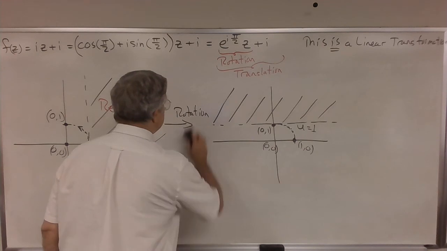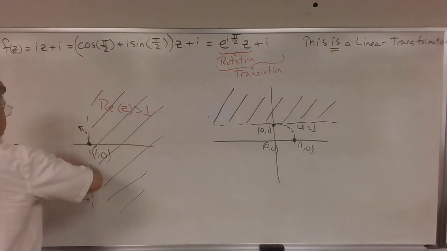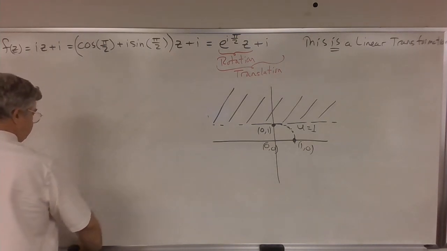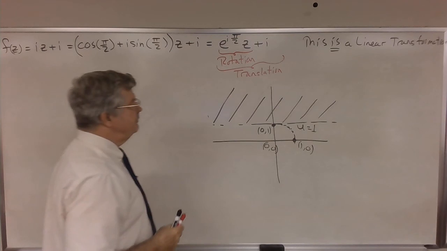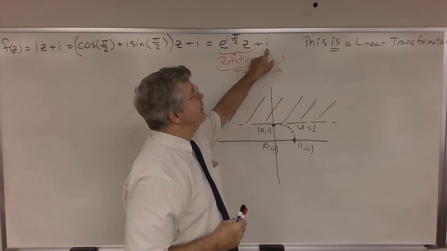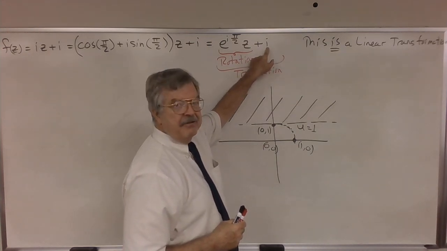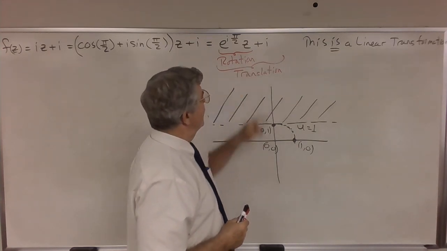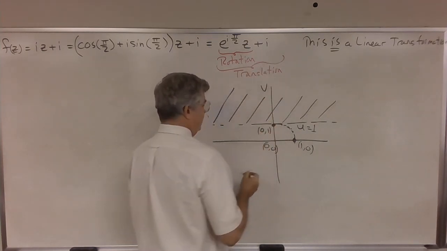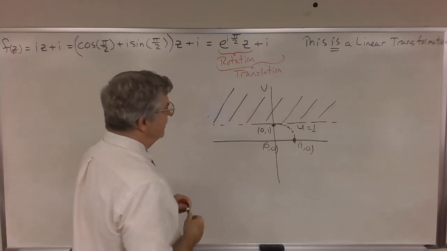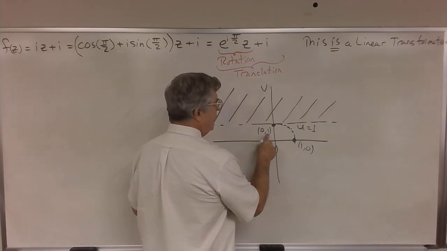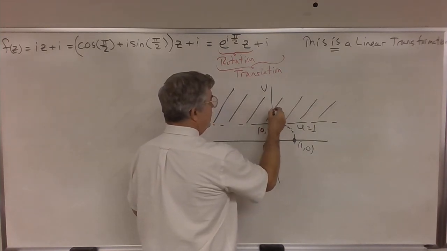Now we have to do the translation. And what happens there? We add 1 to the imaginary part, or we add 1 to the v coordinate, so to speak. We don't do anything to the x coordinate, but we increase the y coordinate, or the v coordinate, by 1.